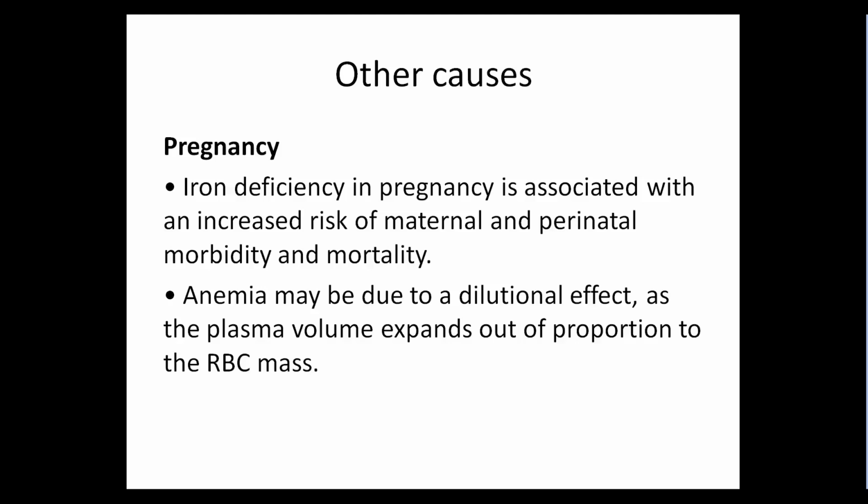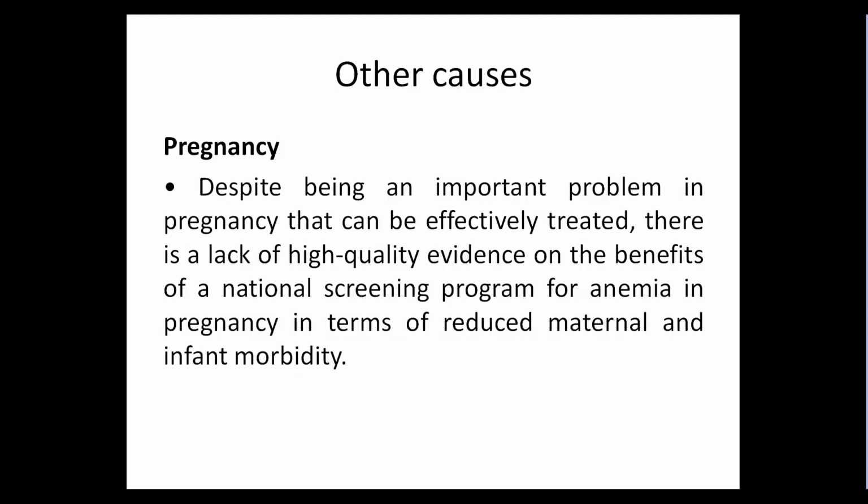Anemia may be due to the dilutional effect as the plasma volume expands out of proportion to red blood cell mass. Despite being an important problem in pregnancy that can be effectively treated, there is a lack of high quality evidence of the benefits of a national screening program for anemia in pregnancy in terms of reduced maternal and infant morbidity.